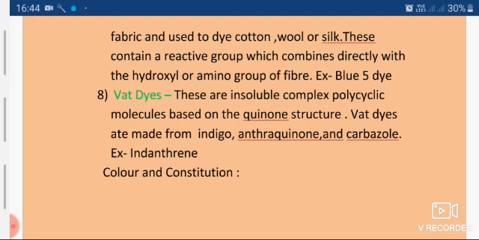These dyes are insoluble complex polycyclic molecules based on the quinone structure. These are the derivatives of quinones.